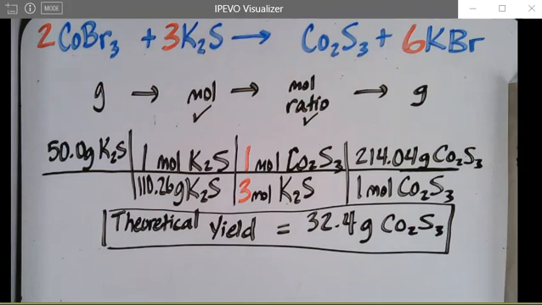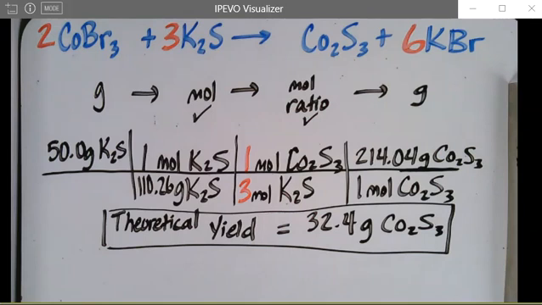We are not quite done with the problem yet, because if you read the question, we can see that we're given the percent yield, 75%. The question is actually asking how many grams of cobalt-3 sulfide will you make if you are expected to have a 75% yield in the lab with 50 grams of that original reaction.